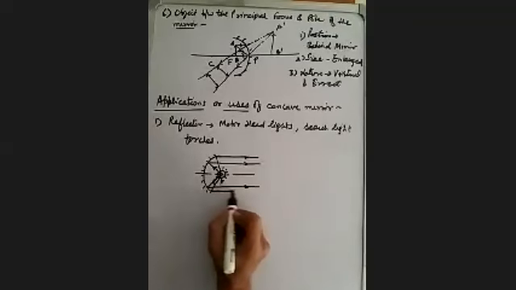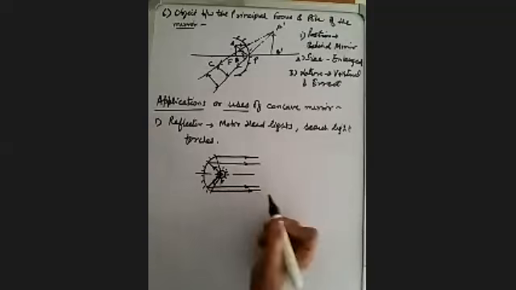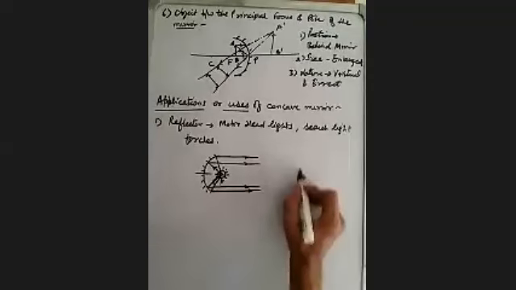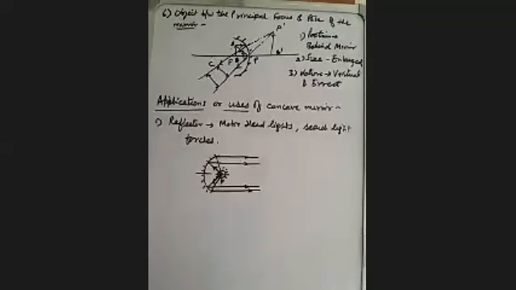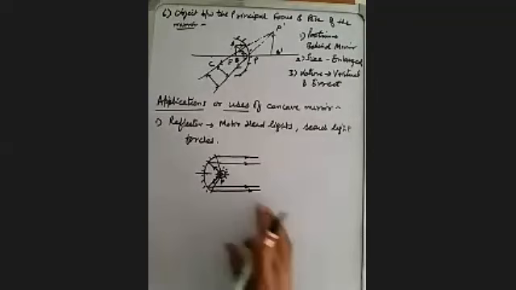So you get a parallel beam of light which goes very far away, and you can see the object in front of you. So we get a parallel beam of light which illuminates the road ahead of the vehicle. So that is why it is used as a reflector for the headlight.